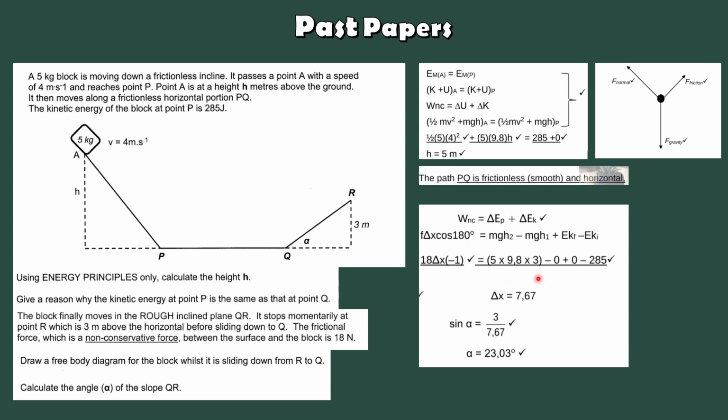Then you substitute. The only thing you're solving for is your x. Your x is 7,67. Now you have to do trig. Sine alpha equals 3 over x, because this is 3, and you solve for the angle as 23,03.